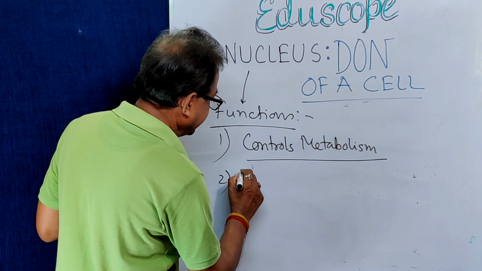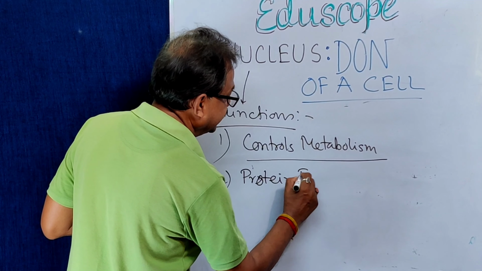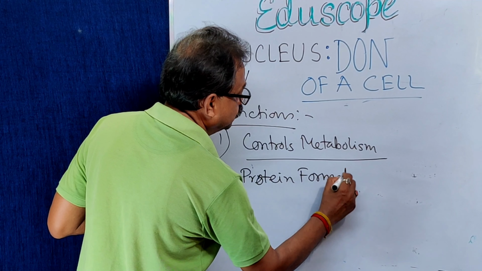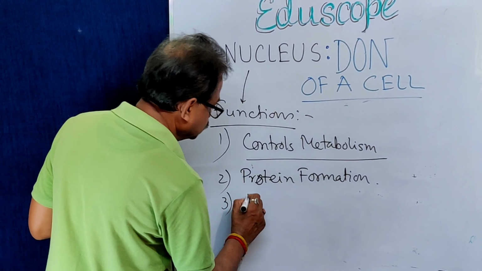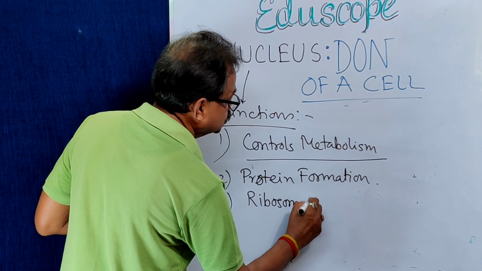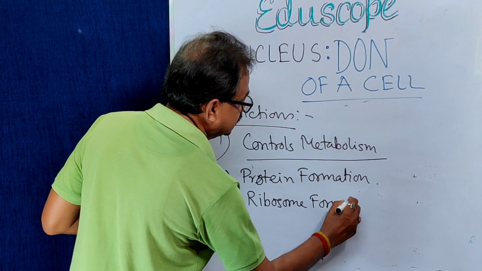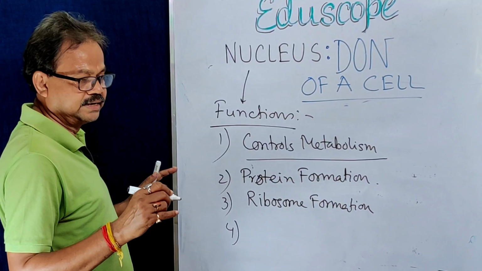Number two, it helps to prepare protein, so protein formation. Number three, it produces ribosome. And the last one is that it carries hereditary character.